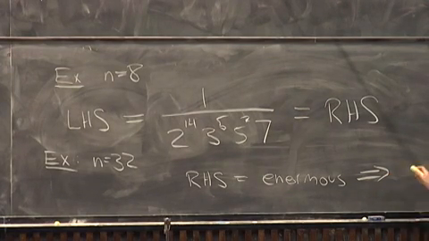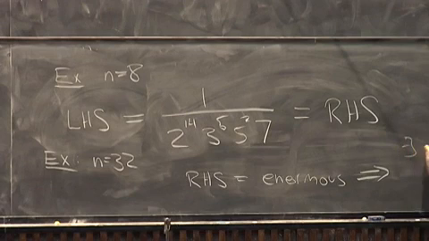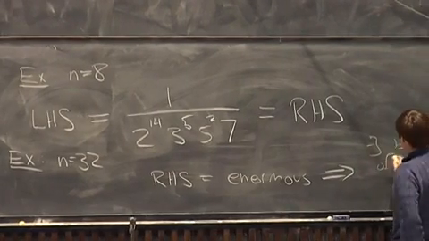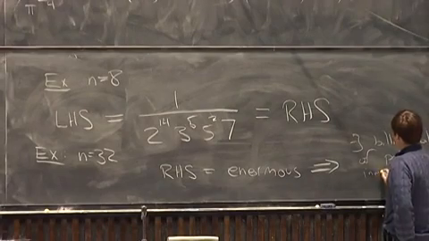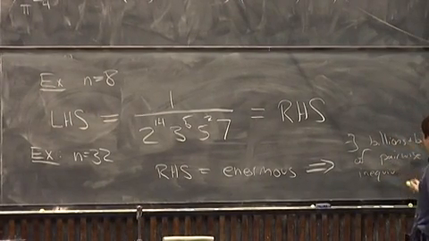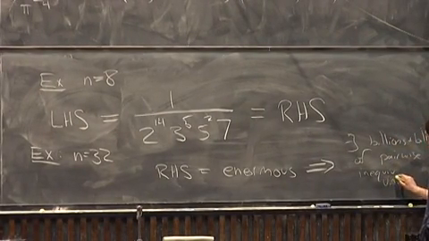So this has as a consequence that there exist billions and billions of pairwise inequivalent unimodular quadratic forms in 32 variables.